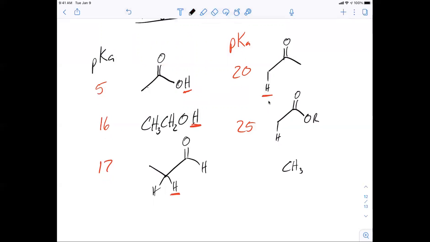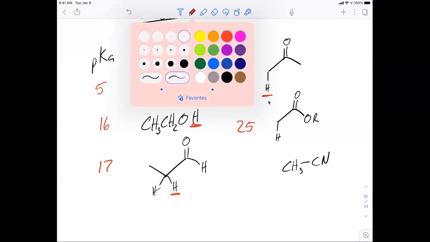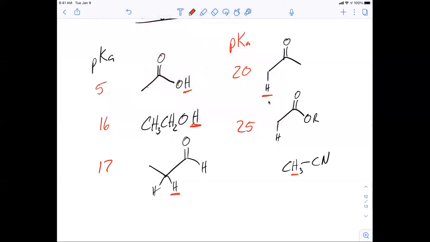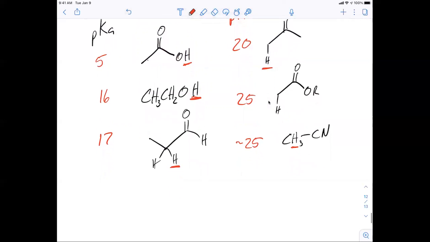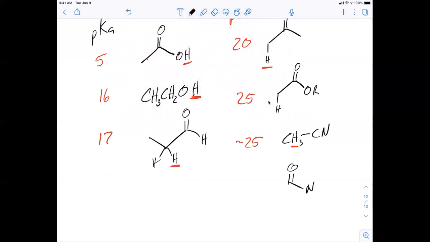Nitriles, around the same, about 25. They're usually slightly higher than esters, but in the same range. Amides, now notice on our amide that I'm not using any hydrogens on my nitrogen.